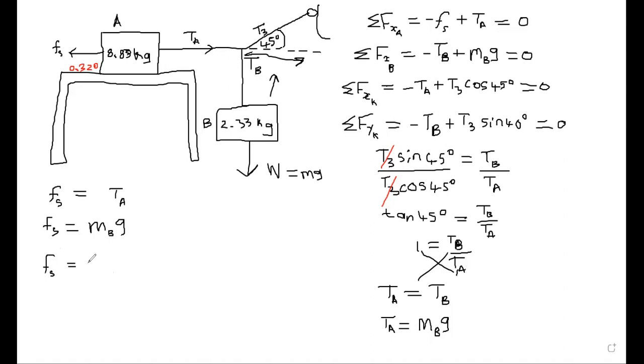So M is 8. M for B, this one is 2.33. Times G, which is 9.81.